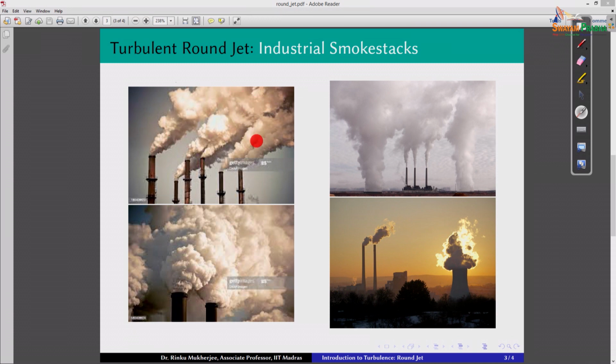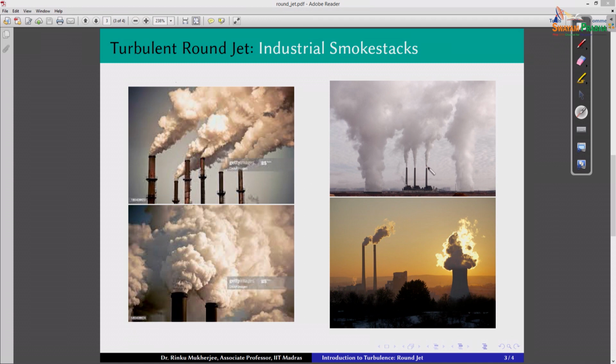If you have a particle here, is it going to move towards this jet, or is it going to move away slightly, and what will be its maximum spread in a direction perpendicular to its axis? That's the kind of thing we are looking to study here.